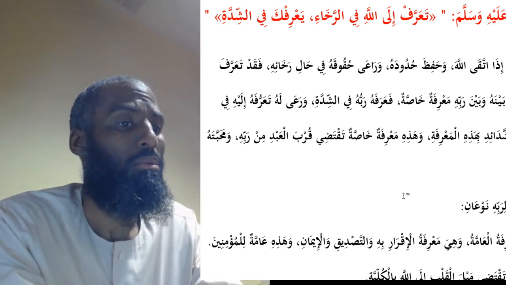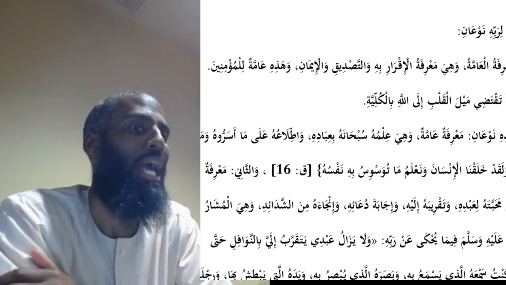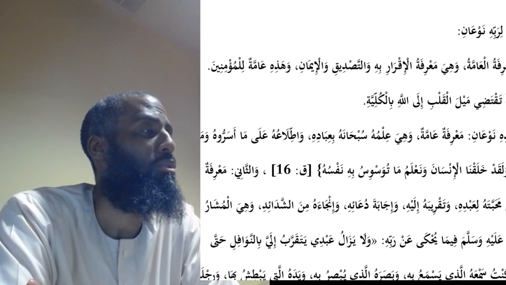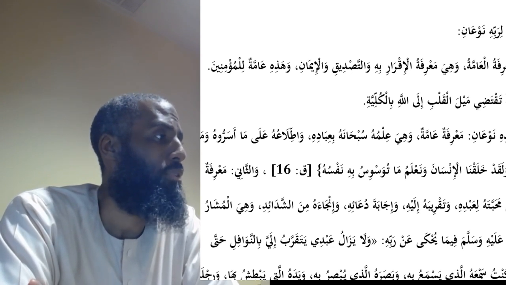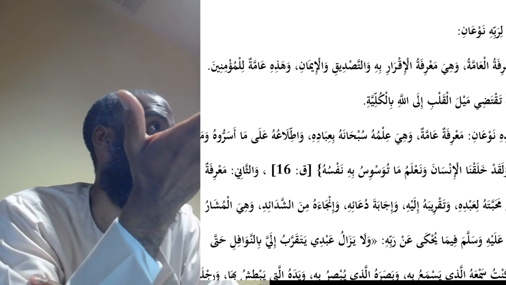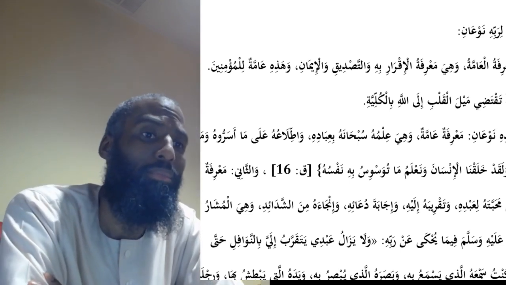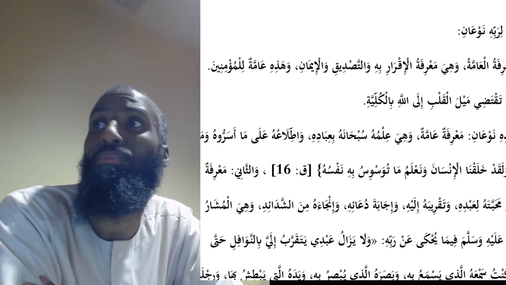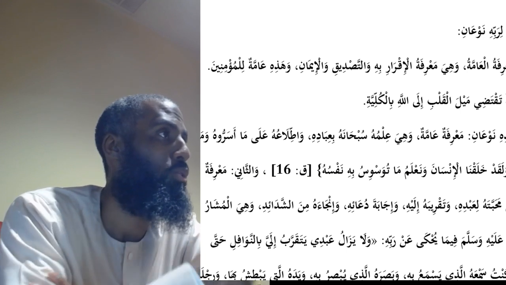Okay. So now we're going to go a little further. What's this concept of ma'rifatu al-abd li rabbi? In other words, what's the concept of the slave's awareness and knowledge of Allah Ta'ala? There are two types. Read, Maryam. Fa-ma'rifah.